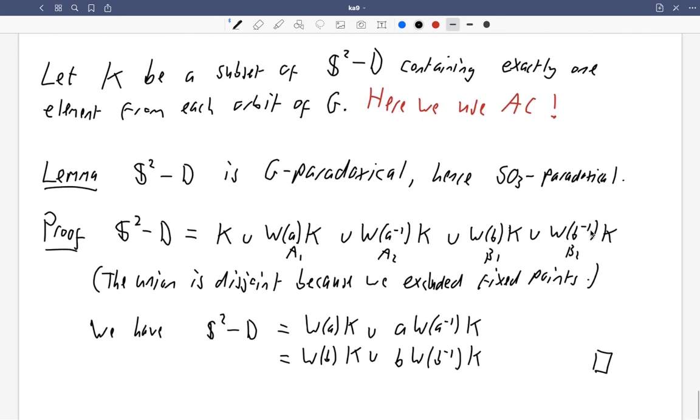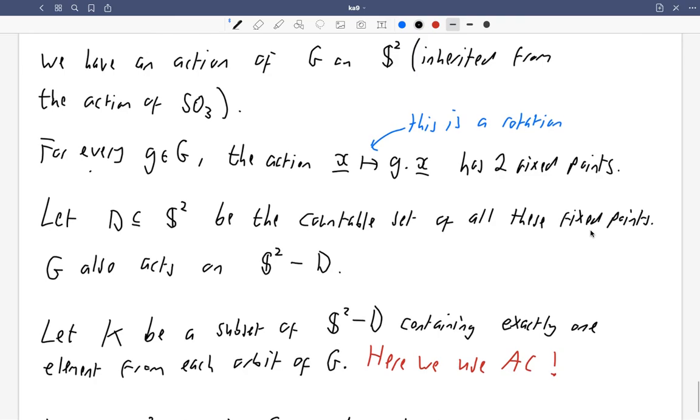Okay, so we've nearly got that the sphere is paradoxical.